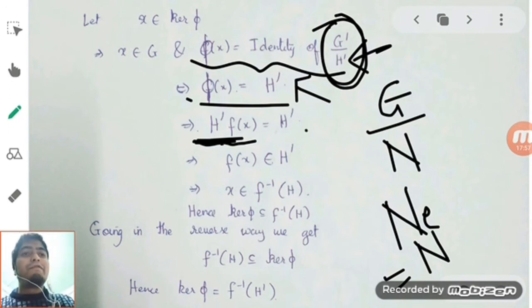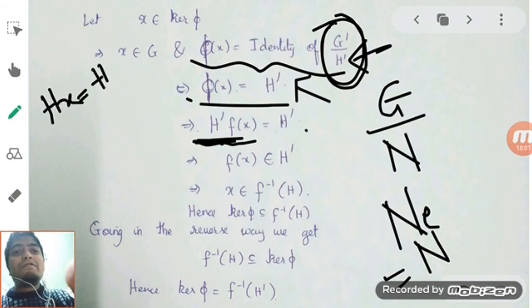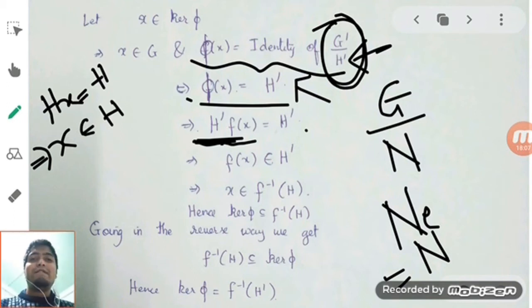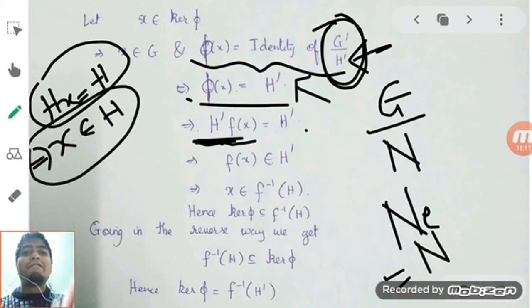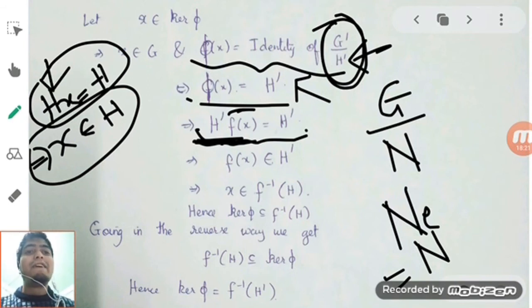And this is a property of cosets. Remember, Hx equals H, you can immediately write down as x belongs to H. Whenever you have this one, you can immediately write this one as the next step. So that is what we are having over here, but instead of x, we are having fx, and instead of this h, we are having h dash.